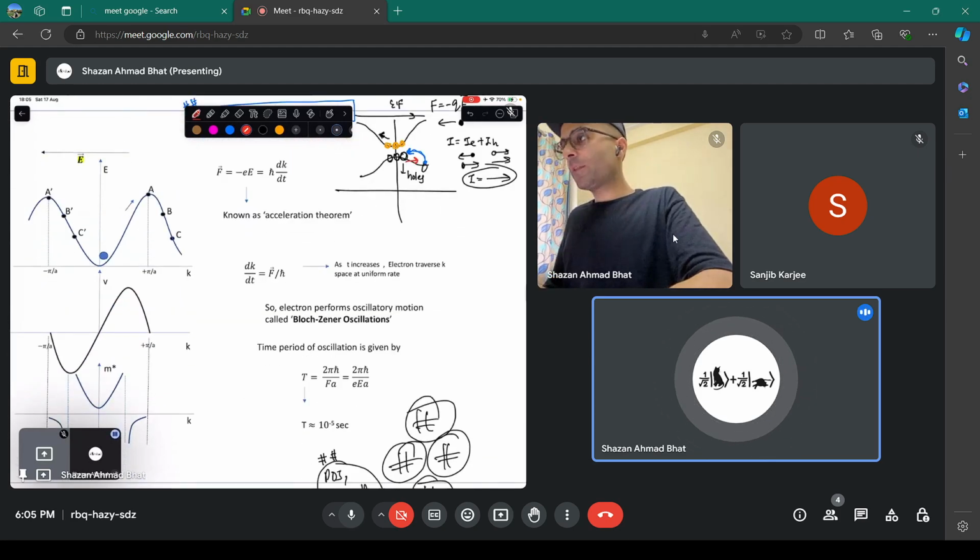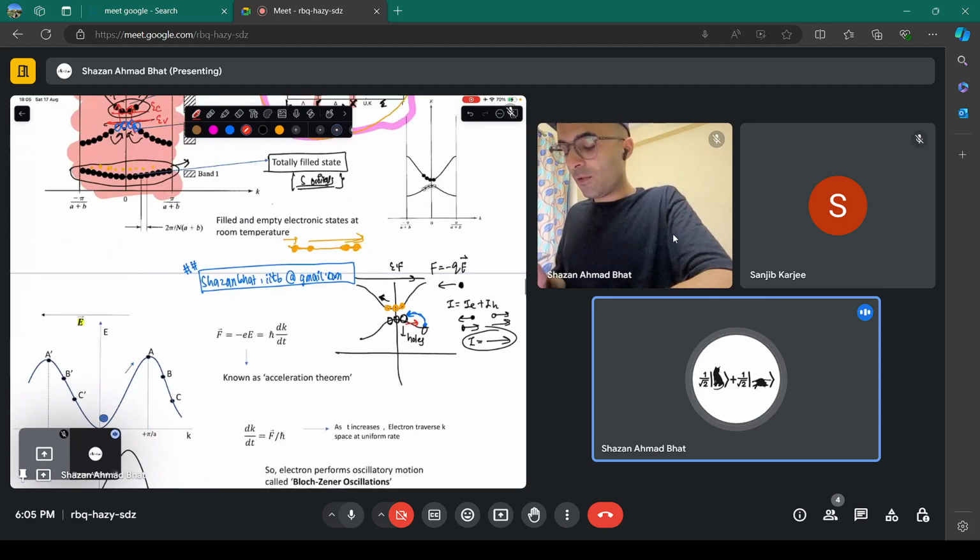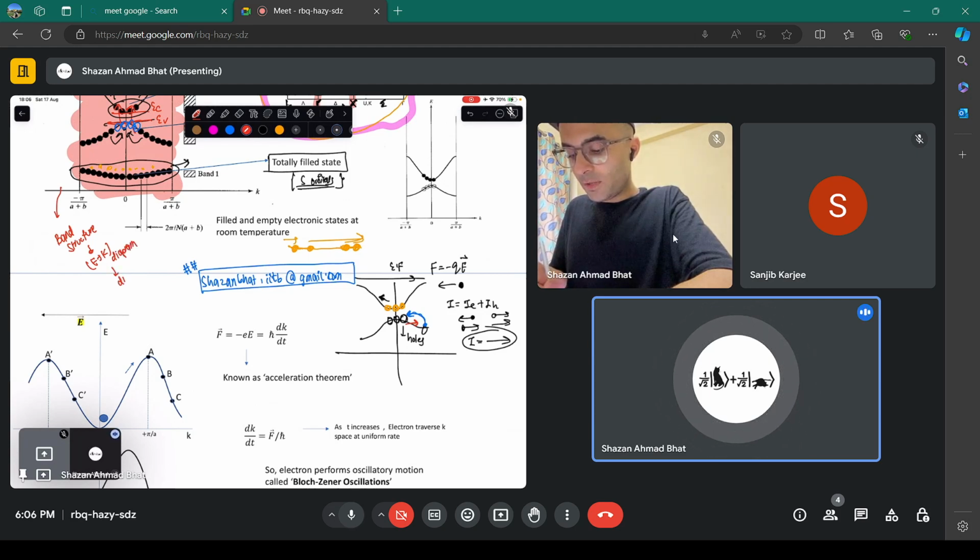So, this is the page where we left last time, and if you remember, we derived how the band structure comes into the picture. This is the band structure, called the E-K diagram, E versus K diagram, or also the dispersion diagram. Why dispersion diagram?